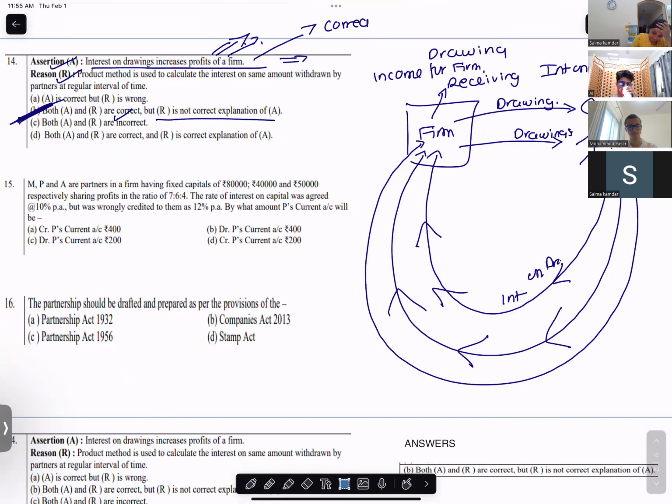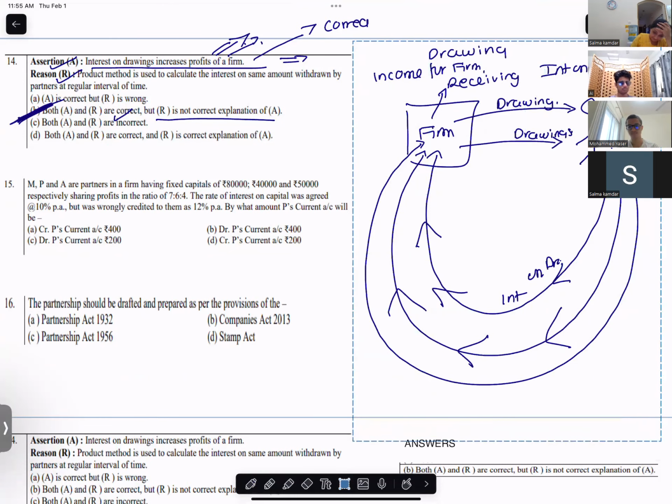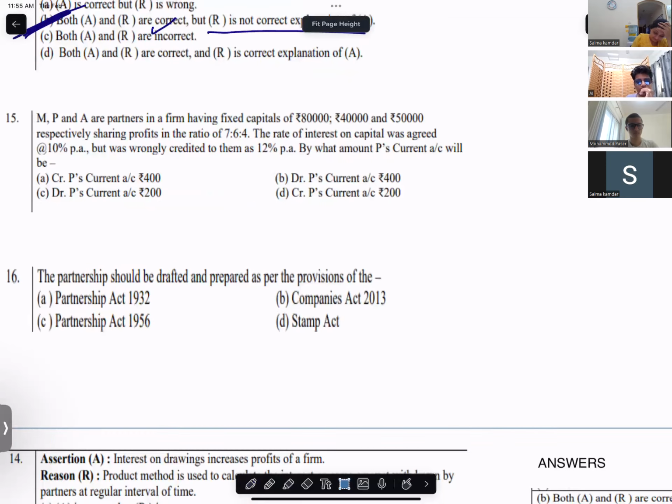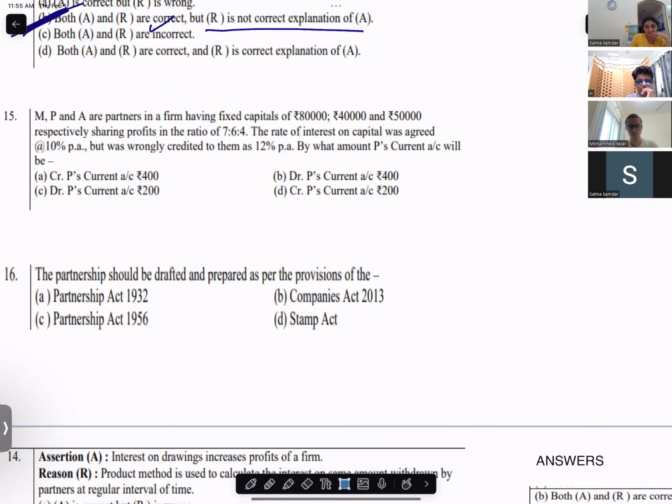Please read the 15th. M, P, and A are partners in a firm having fixed capital of 80,000, 40,000, 50,000 respectively, sharing profit in the ratio of 7 is to 6 is to 4.